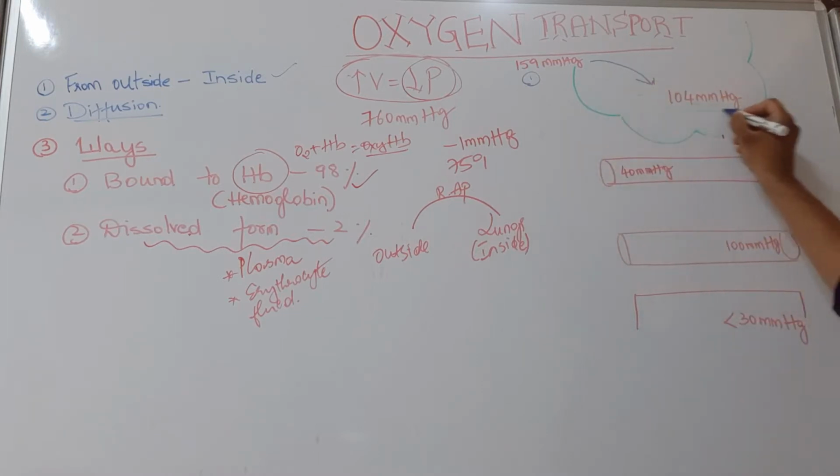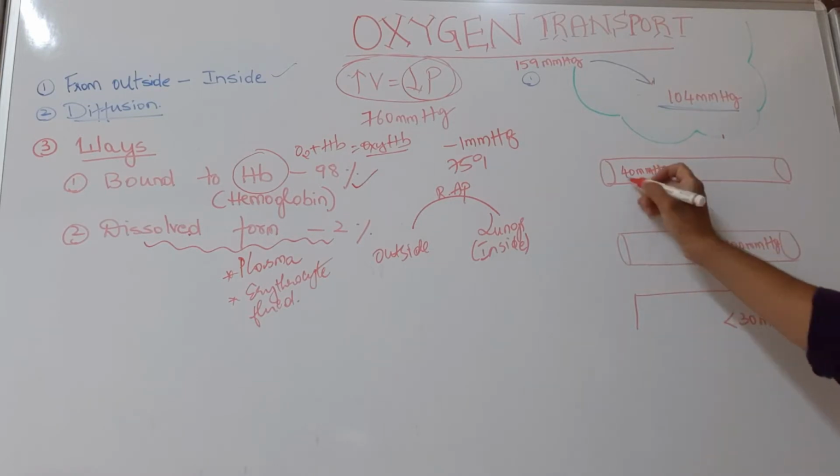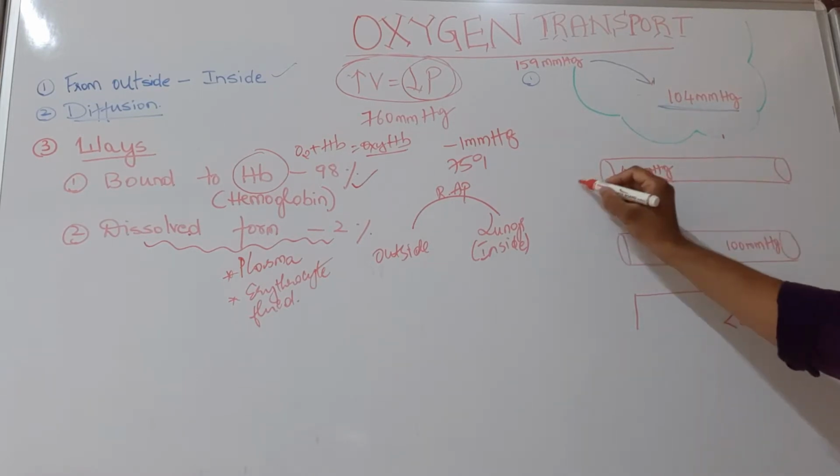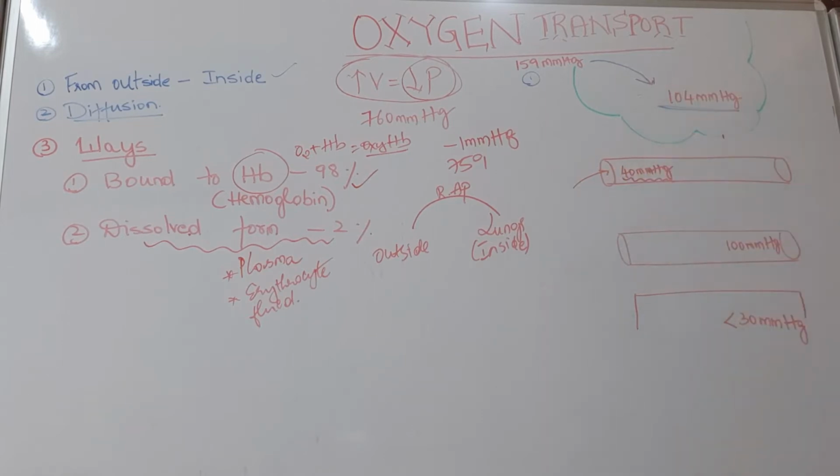In the alveoli, the partial pressure of oxygen is about 104 mmHg, which is greater than the partial pressure of the oxygen that is coming through the pulmonary capillaries, which is 40 mmHg. So, there is a difference in the partial pressure of oxygen in the alveoli and in the pulmonary capillary. So, the oxygen diffuses from the alveoli to the pulmonary capillaries, crossing the respiratory membrane.